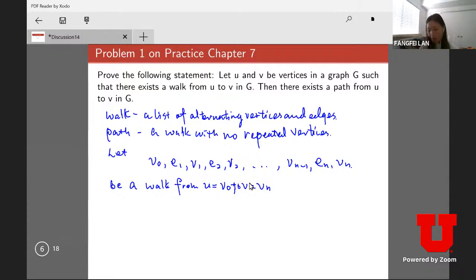Okay, so let this be a walk from U to V with the shortest possible length.